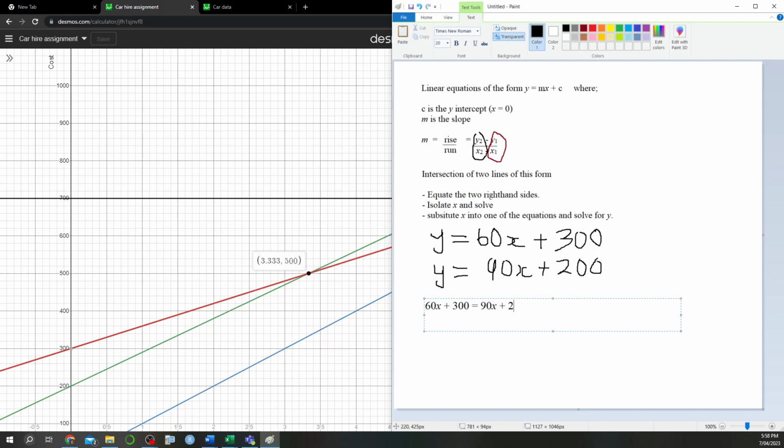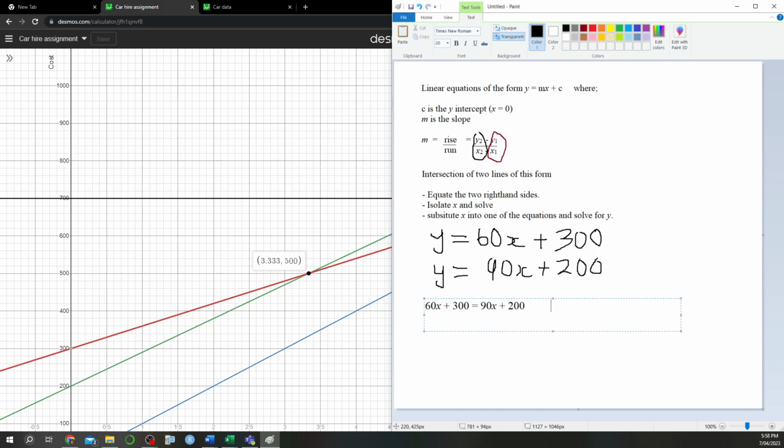Now I'll write out the steps for each one as we go. I want to isolate x. So I'm going to move all the numbers to one side and all the x terms to the other side. I probably should swap the direction of these, but I'm not going to right now.